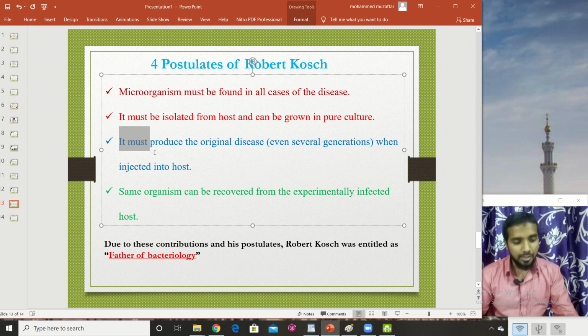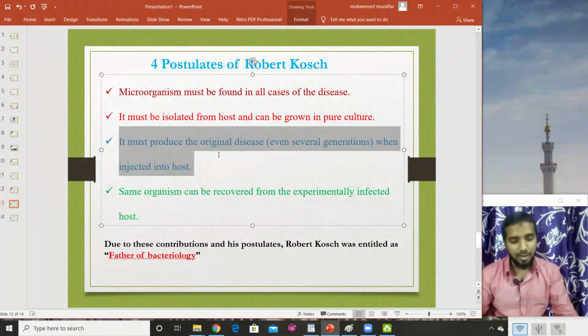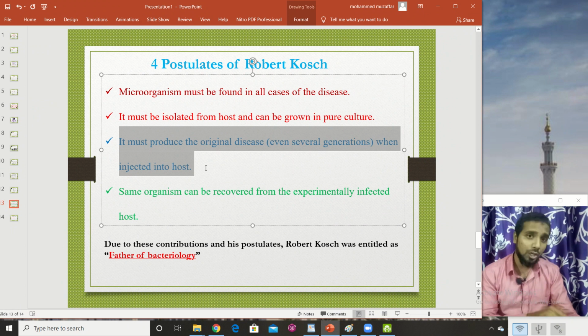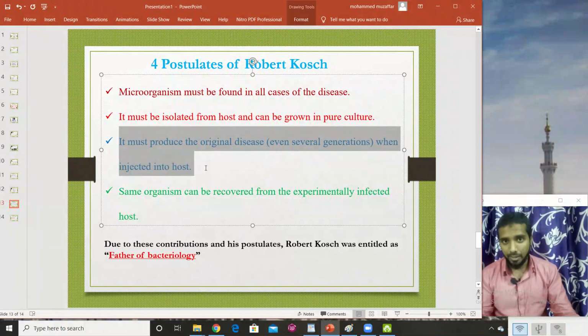Third postulate is, it must produce the original effect or original disease when injected into the host. From the experiment you have seen, the microorganisms were first isolated from the cattle, and then that was cultured. Then the cultured microorganisms were injected into the mice, and that mice also have shown the same disease, that is anthrax. So cattle and the mice both have shown the same disease, that is anthrax, and the causative organism was Bacillus anthracis.